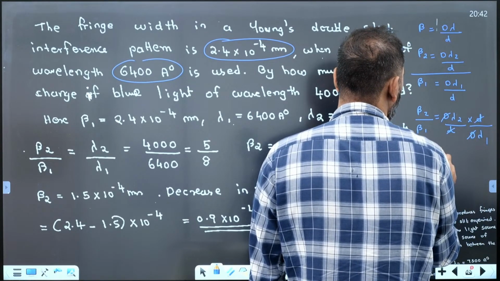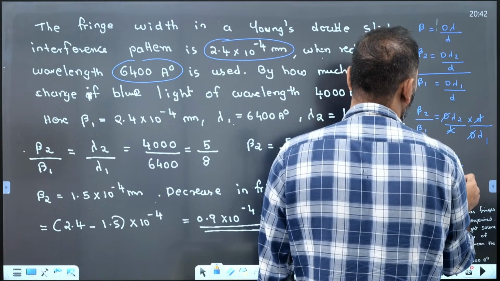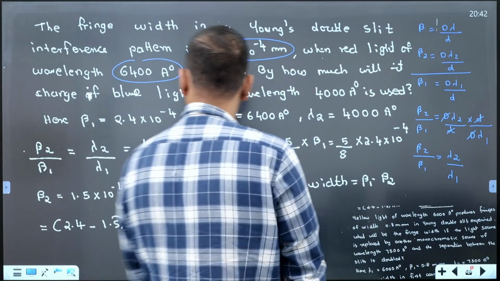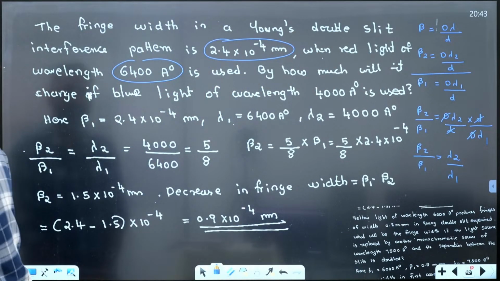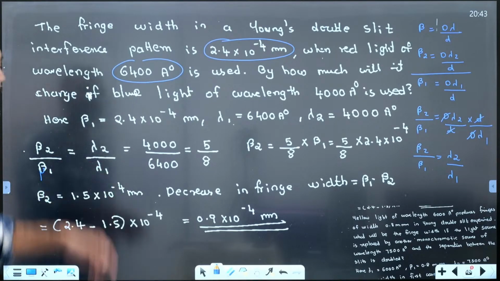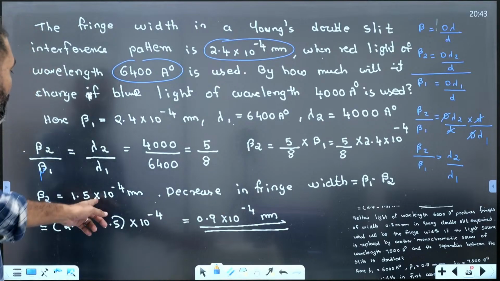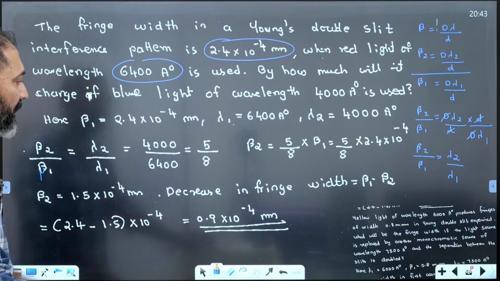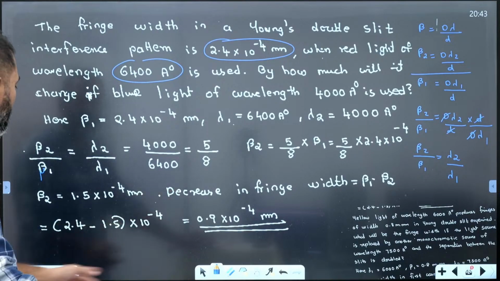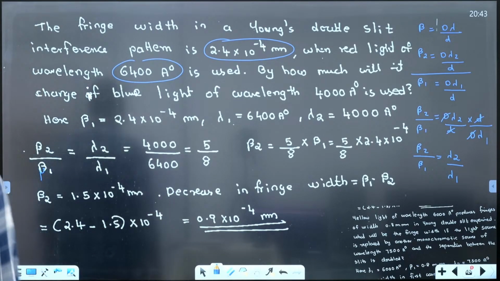So beta 2 by beta 1 is equal to lambda 2 by lambda 1. So beta 2 is equal to 1.5 into 10 raised to minus 4 meter. Decrease in fringe width is the original fringe width minus the new fringe width, that is 0.9 into 10 raised to minus 4 meter.